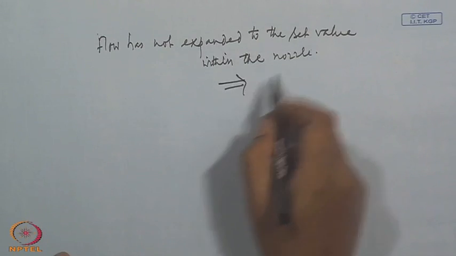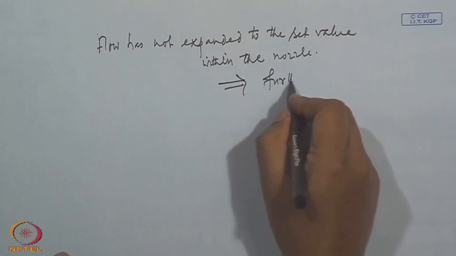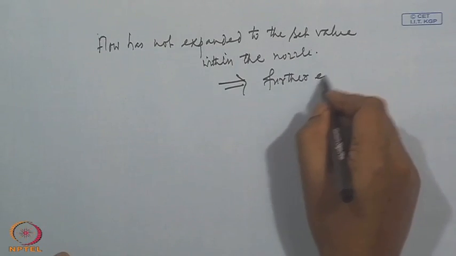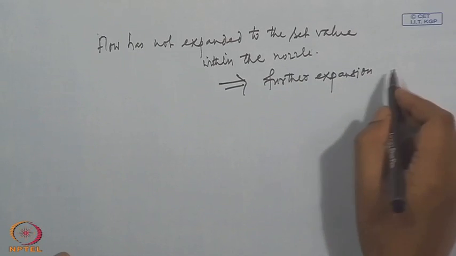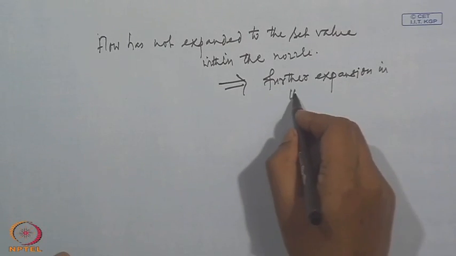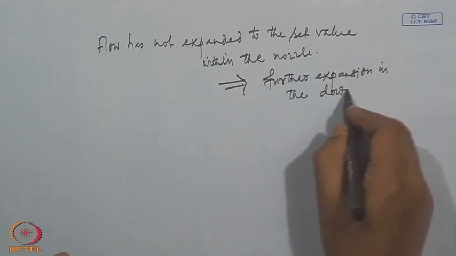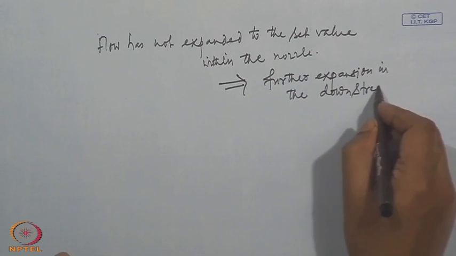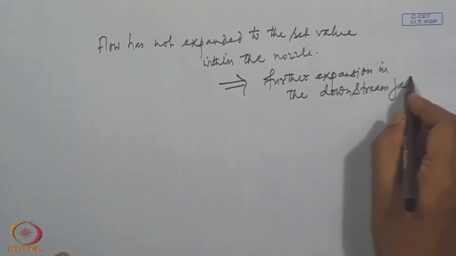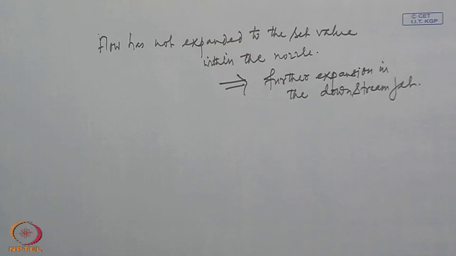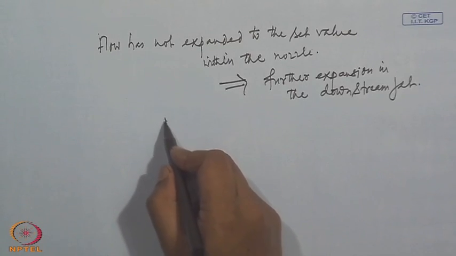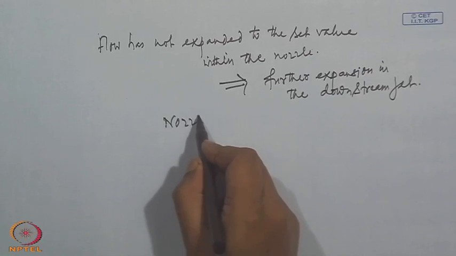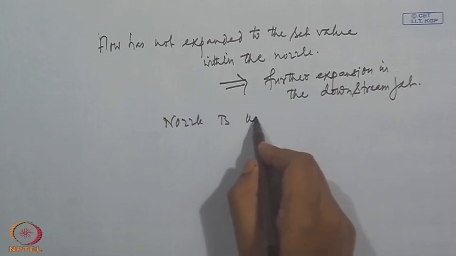So, this implies further expansion downstream in the jet. And we call this nozzle to be under expanded.